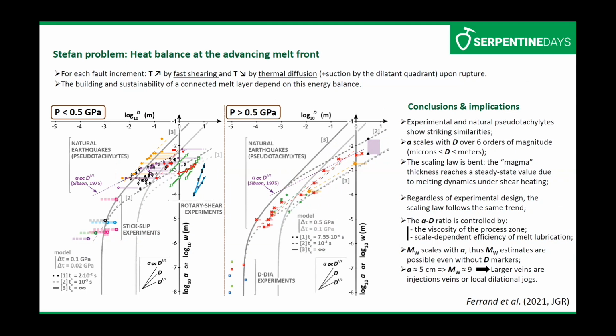And so what we found, I mean, if we try to find a way to propose a scaling law, because the adiabatic assumption was not enough, we modeled it as a Stefan problem. So this is the heat balance at the advancing melt front, and so for each increment of a temperature increase by shearing at the tip of the crack, you have a temperature decrease by thermal diffusion.